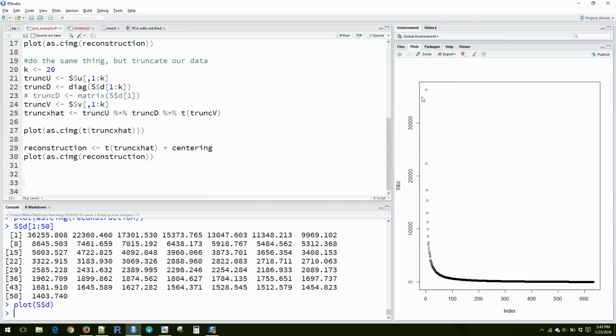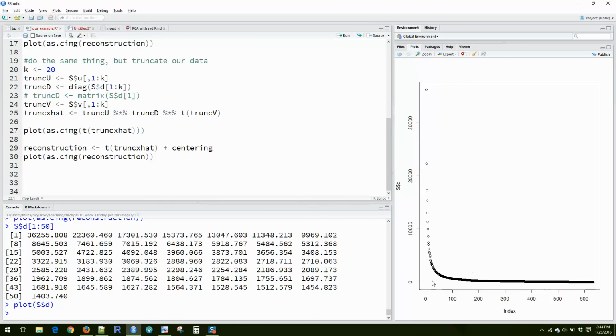This is how much of the variance is captured with each of these, and you can see in the beginning there's a lot, and then as you add more, you get a little bit more, and then diminishing returns. Once you get 100 versus 200 versus 300, there's not a whole lot more information that you're capturing until you get all of them.